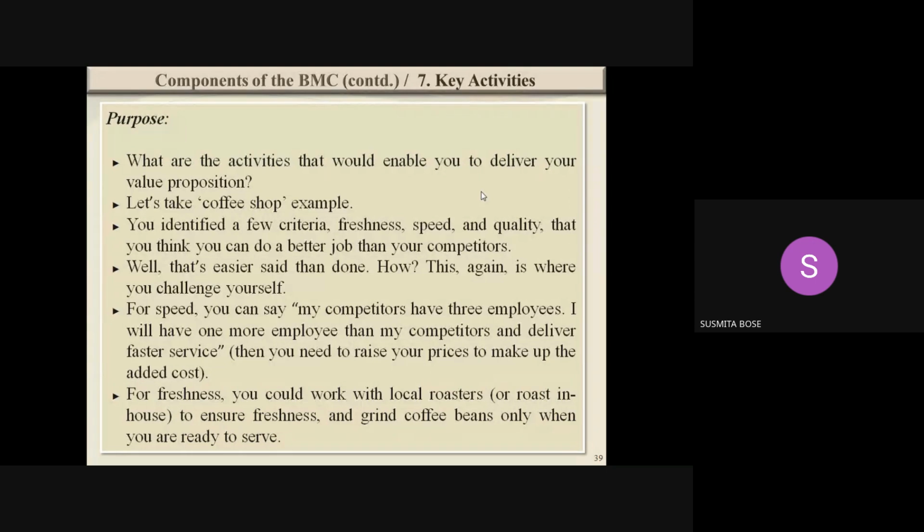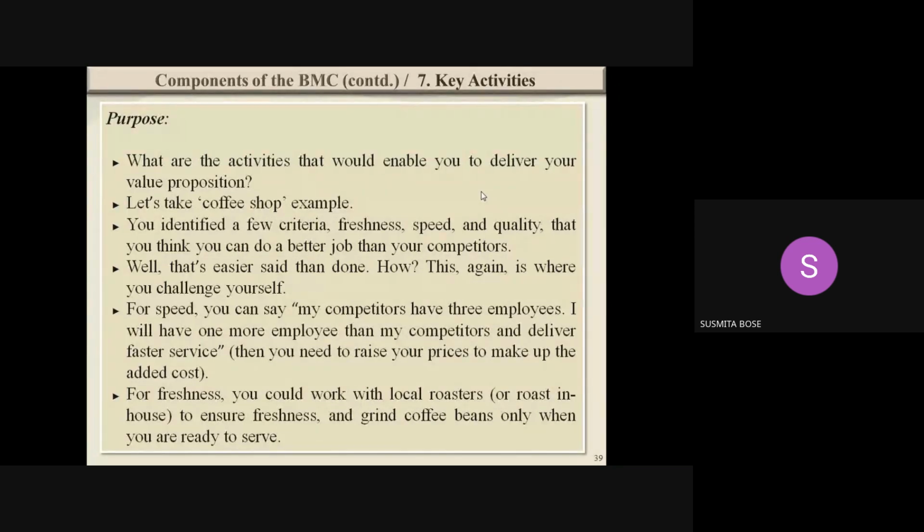There are so many competitors, so to beat the competition, if you plan to employ 1 more employee, then you have to raise the price of the product also. And if you raise the price of the product, who will bear that pain, the rising price? Either you will have to bear that pain or your customer. So who will bear that pain?